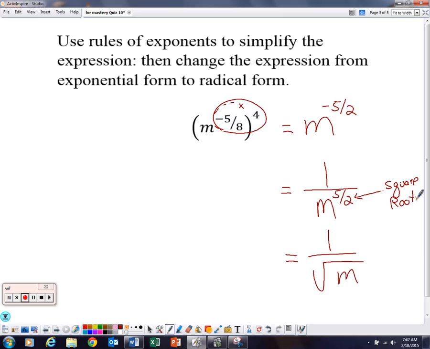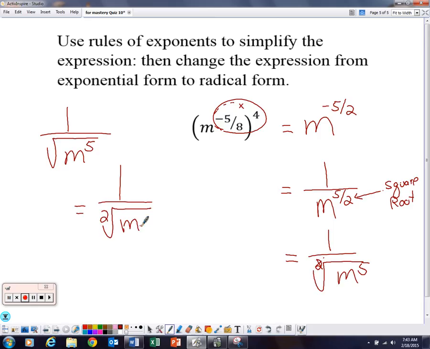So you can leave the radical like that, or you could put the 2 there, but the 2 is not necessary. And then the 5 we're going to put right there. So 1 over the square root of m to the 5th is the correct answer. It is also correct to write it with the 2 there, but again, the 2 is not necessary. That's it. Good luck.